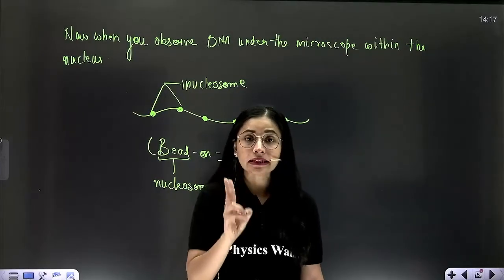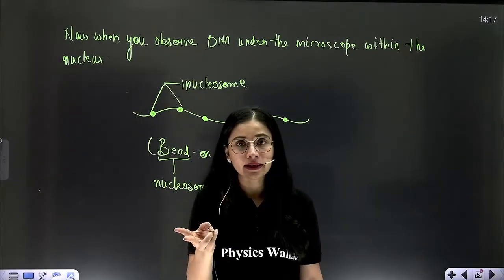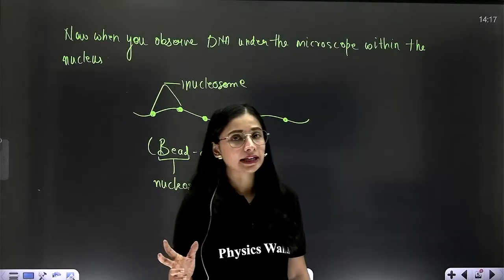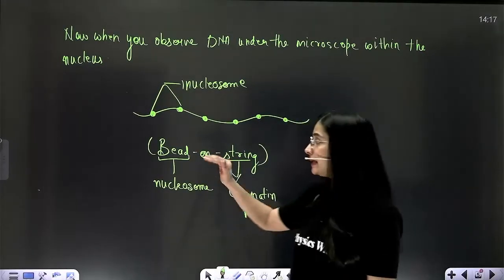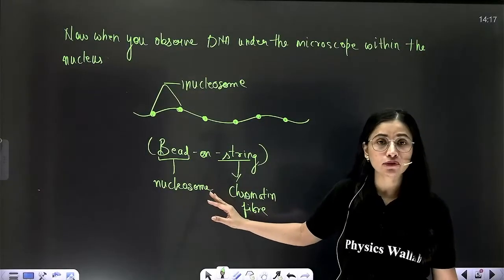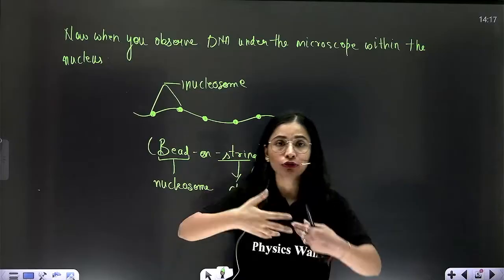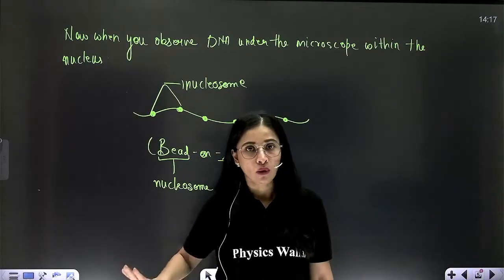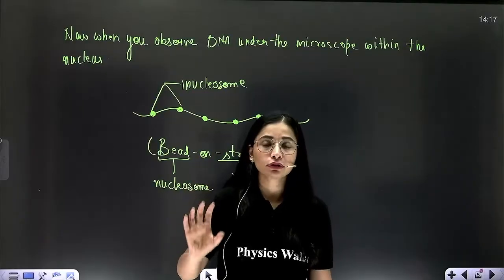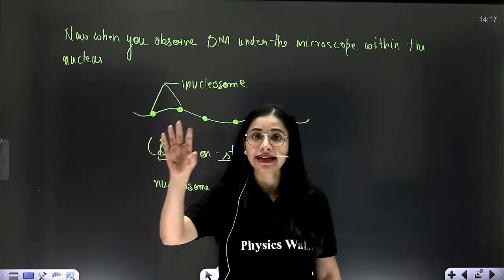Now, these are the only two processes: winding and unwinding, decondensation and condensation. If genetic material has to decondense, it will only decondense to form chromatin fiber. It's not like during interphase the whole DNA, including the nucleosome, will also unwind. No. Never ever does the nucleosome unwind. Nucleosomes remain in that condensed form.